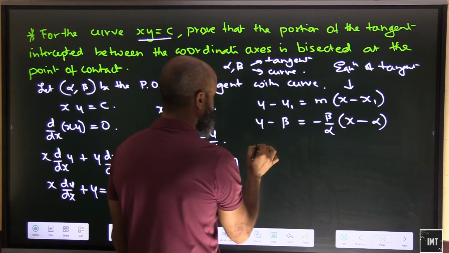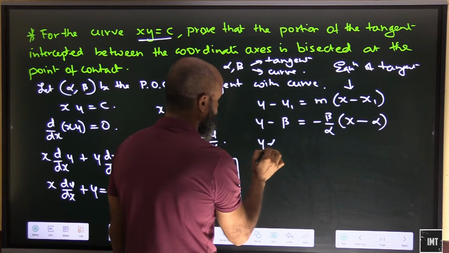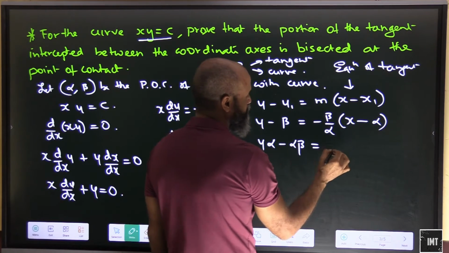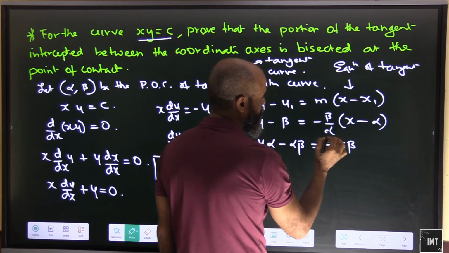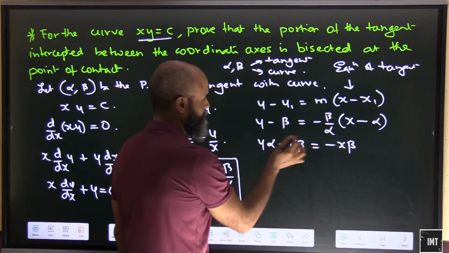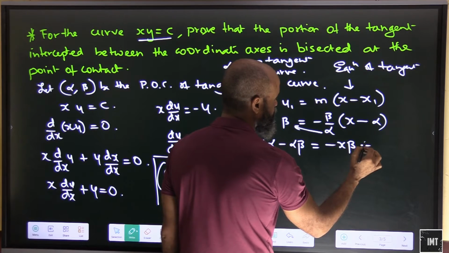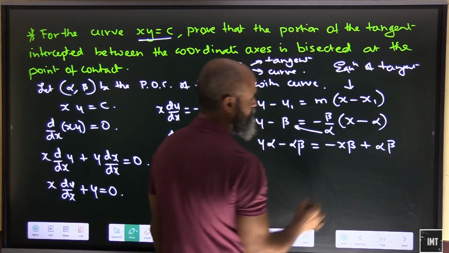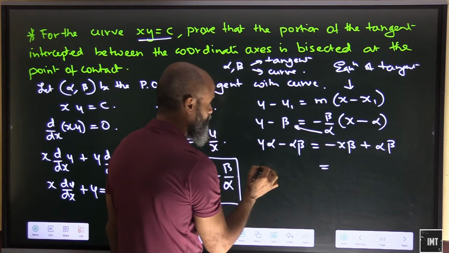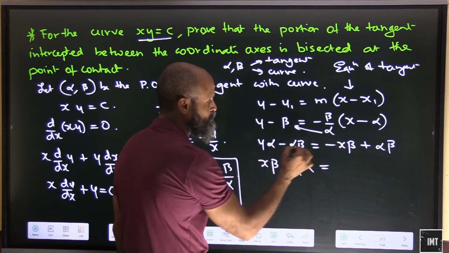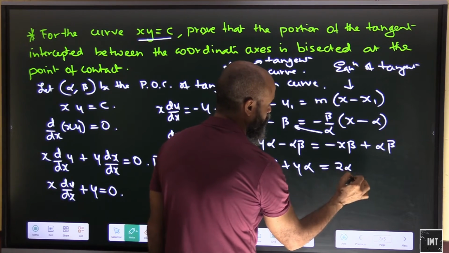So this will be how much? y alpha minus alpha beta is equal to minus x beta. We have moved the alpha here, so minus x beta plus alpha beta. So here we have x beta plus y alpha, transposing the terms, equal to 2 alpha beta.